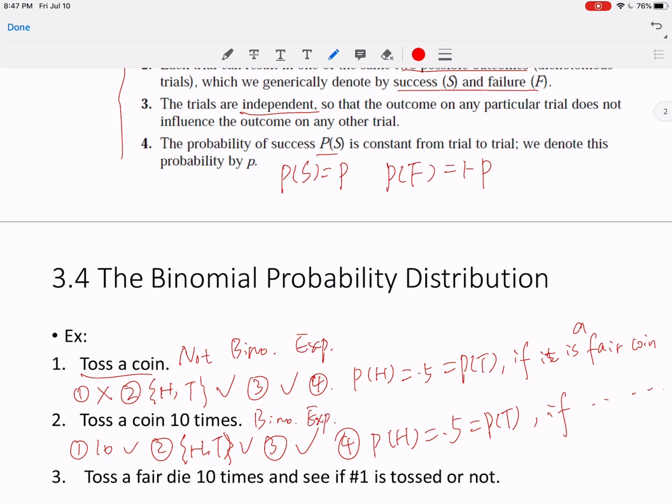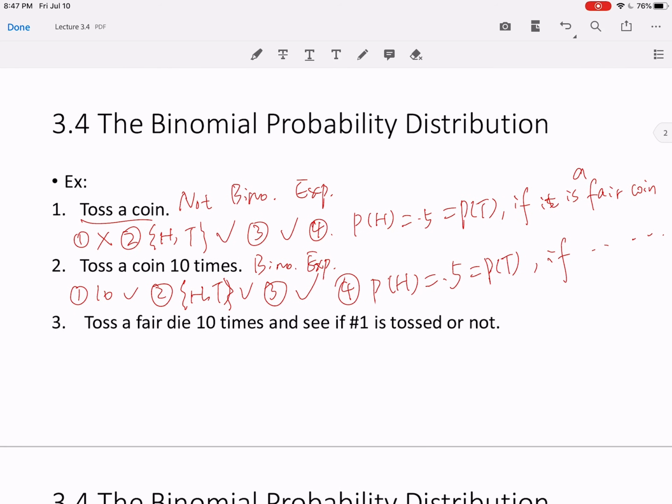Okay. Now, after number 2, let's take a look at number 3. Toss a fair die 10 times and say if number 1 is tossed or not. Now, let's check the conditions one by one. The number of trials is 10, so it's fixed. So the condition 1 is satisfied. Number 2. How many possible outcomes do we have here?